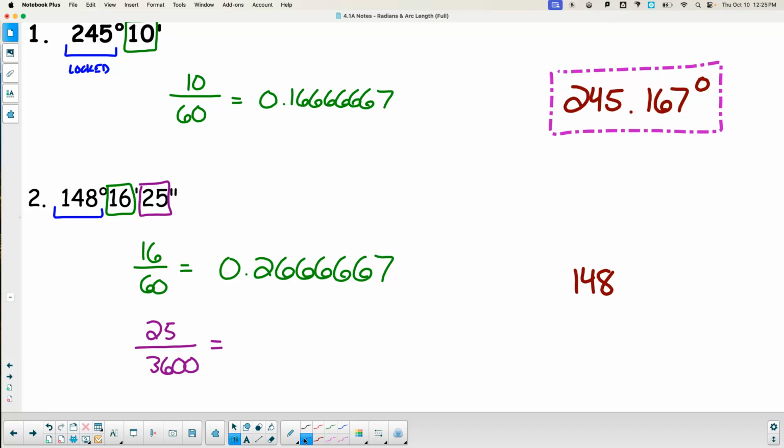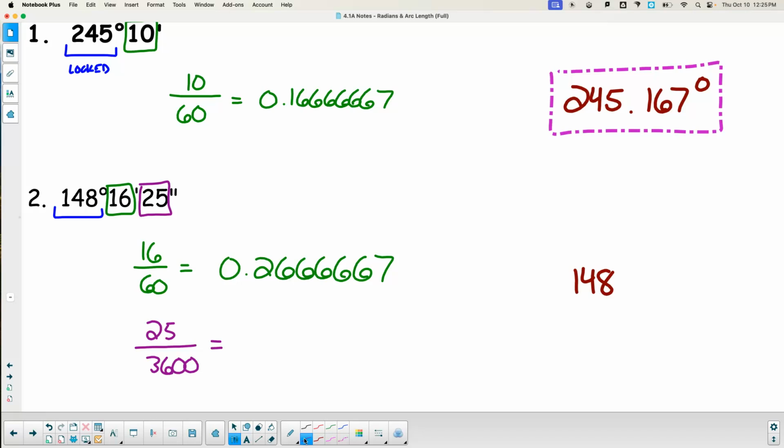Why 3,600? Because we have to all be in degrees, right? So if I divide a minute by 60, that gives me what part of a degree it is, right? If I only divide the 25 by 60, then that's in minutes.